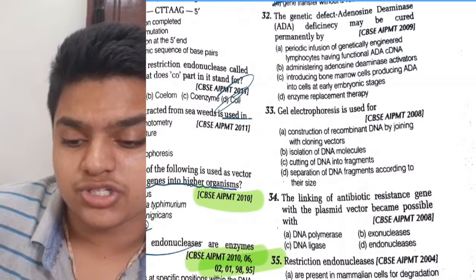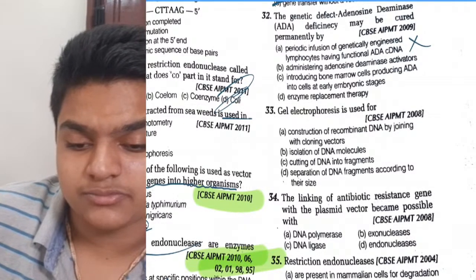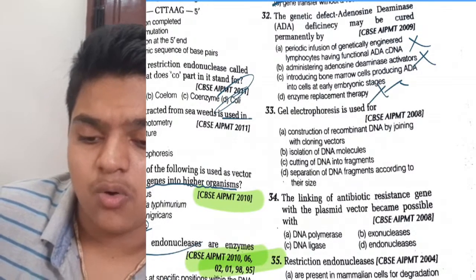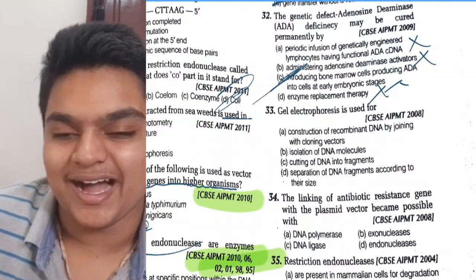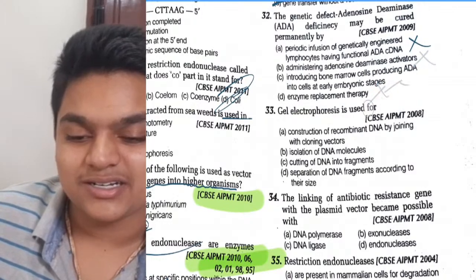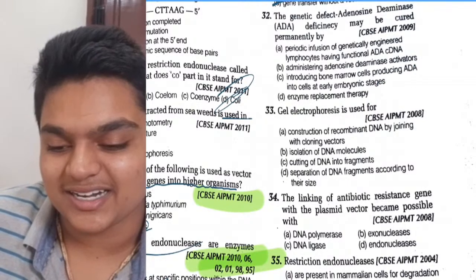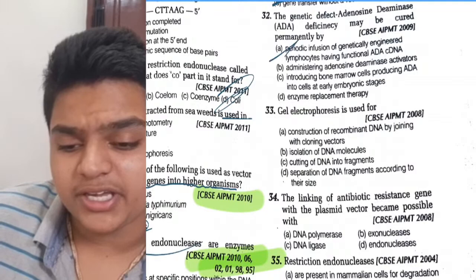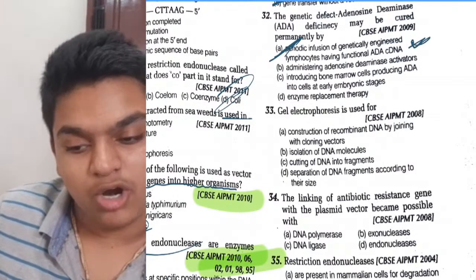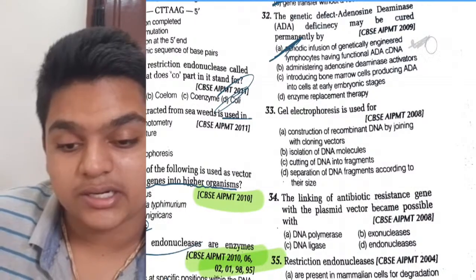Periodic infusions, now administering, now introducing, now enzyme replacement, now. No answer is present, guys. Why will no answer be present? Periodic infusions of genetic material, actually, it is not permanently curable when it is done in adult stages.